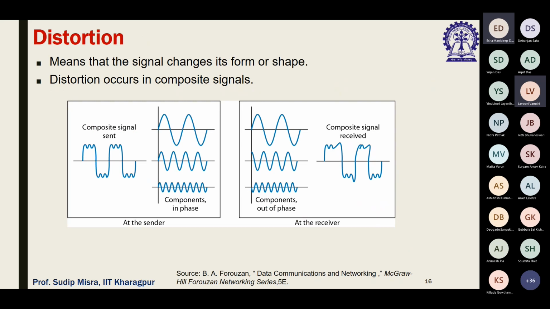Now let us try to understand the term distortion. Distortion means that the signal changes its form or shape. If you are talking about composite signals, I assume that you already know this, or in case you do not know, in your book it is mentioned what a composite signal is. A composite signal can be broken into its different components like this.